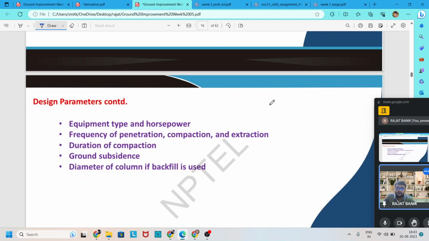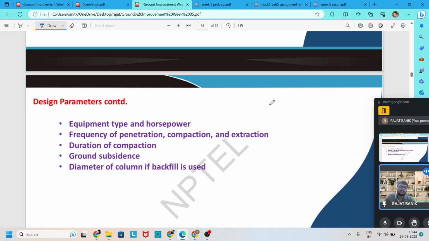It also depends on the frequency of penetration, compaction, and extraction. When we penetrate or insert into the ground, more frequency is needed. After a certain targeted point, the frequency should be matched with the ground frequency, that is the soil frequency, to apply resonance.